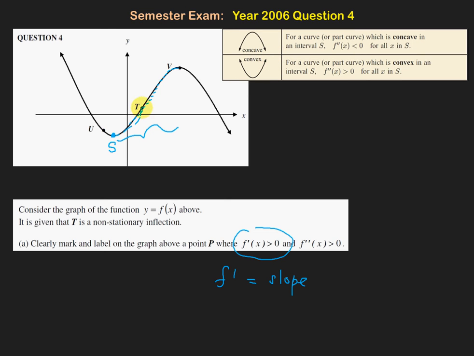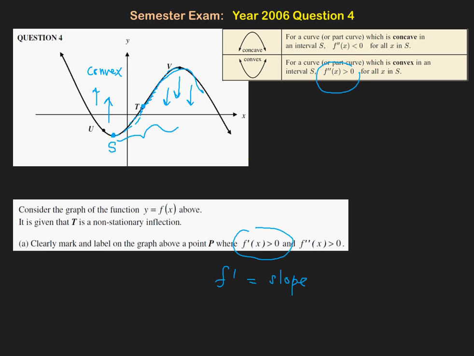The point T is an inflection point, a non-stationary inflection point. Looking at the shape of the curve before point T, it is convex, and when it's convex, your f double prime is positive, and after point T, it is concave. It's like a mountain, right? And so f double prime is negative.